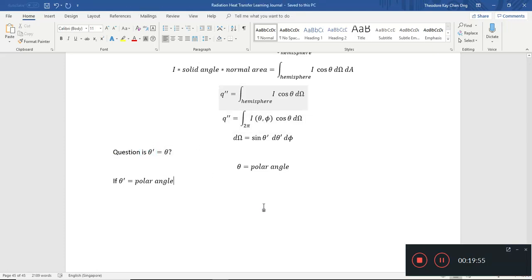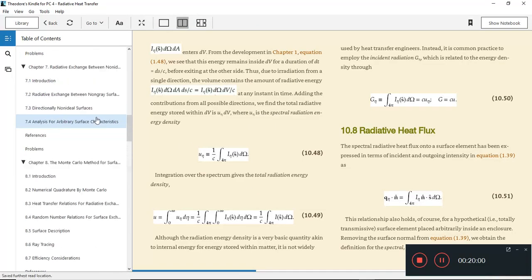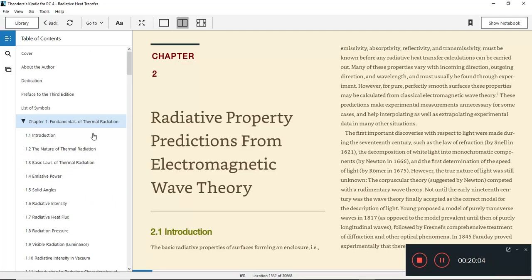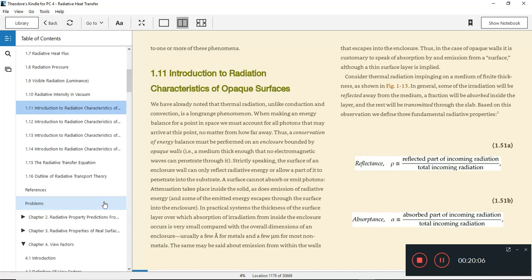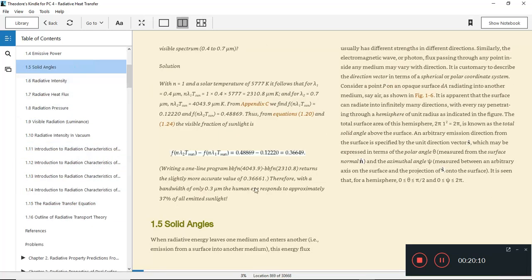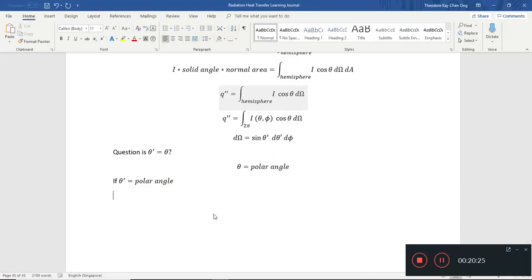So that's all. Then let's take a look whether it's the correct one. Where is our solid angle? Yeah, solid angle. As you can see, the theta here is the theta in this diagram, that is also the polar angle. So this theta is the polar angle we're talking about, right?